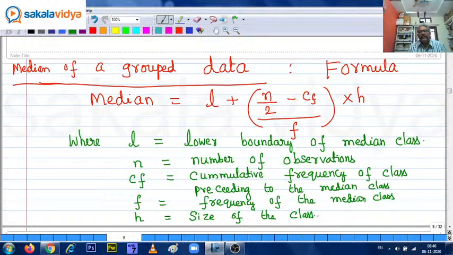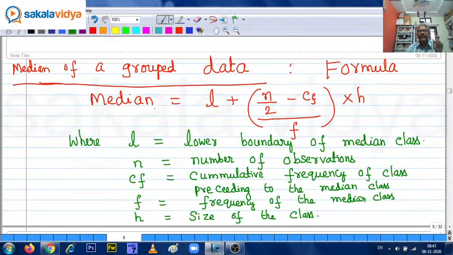So my dear children, if you remember this formula, you are able to write these 5 terms. You need to remember them, and in the examination also you need to present it. That's very important. Let me revise once again. L stands for lower boundary of median class. N stands for number of observations.